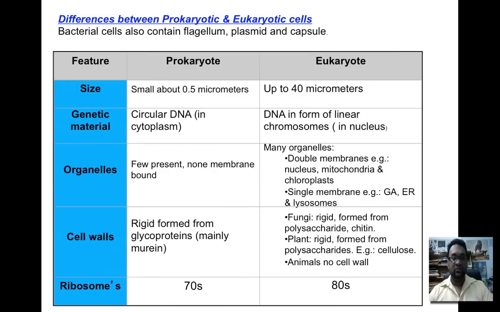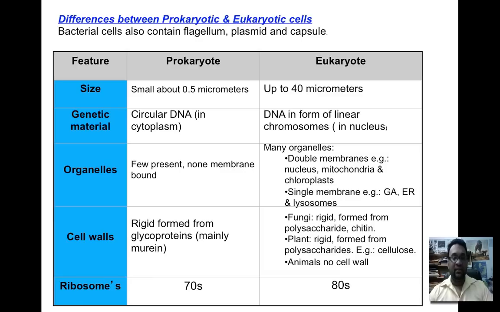Alright, so differences between prokaryotic and eukaryotic cells. Prokaryotic cells tend to be much smaller than eukaryotic cells, around 0.5 micrometers as opposed to 40 micrometers in eukaryotic cells. The prokaryotic DNA is circular and it's naked. In other words, there's no housing for the DNA.